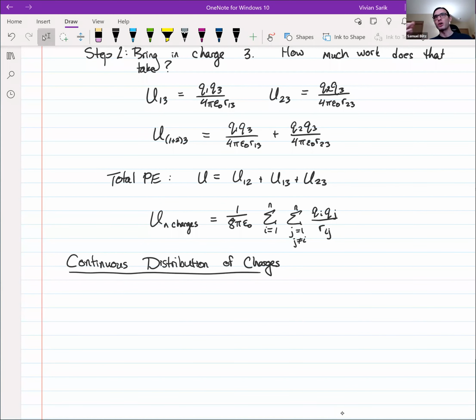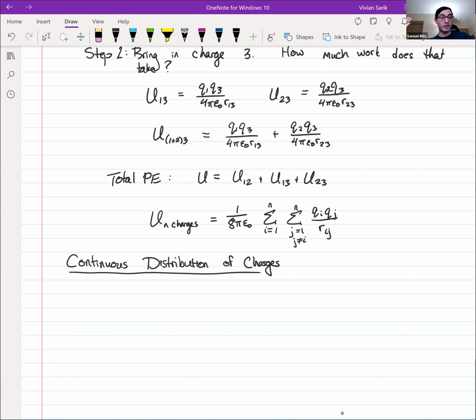And then we just add up all of those dWs or those dUs, i.e. integrate, and that's our end result. So we want to add up the U of dq for a charge. My explanation made sense, I hope.